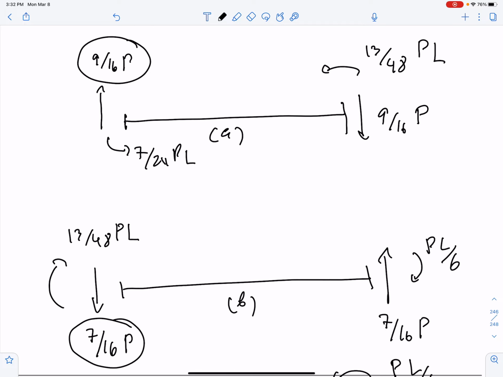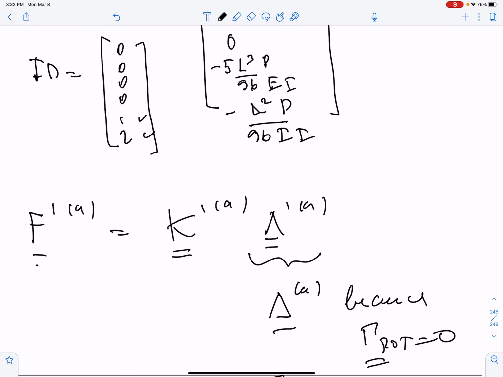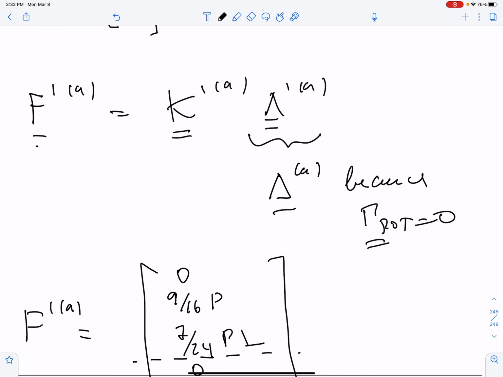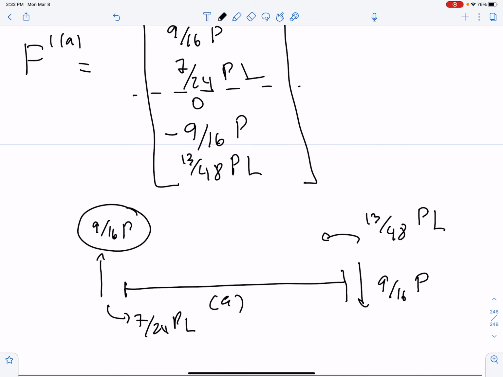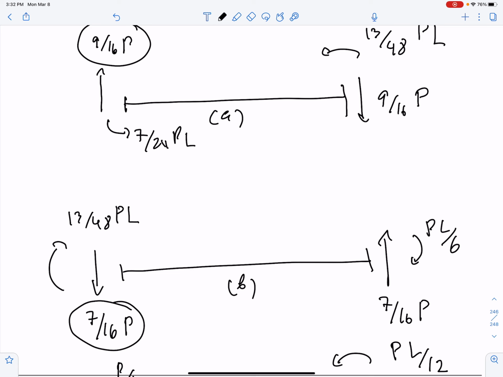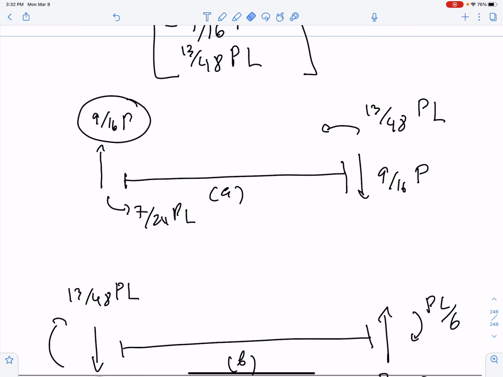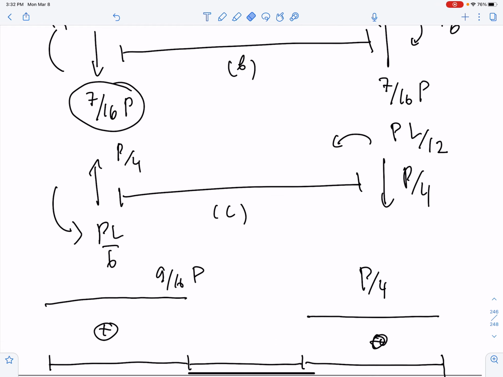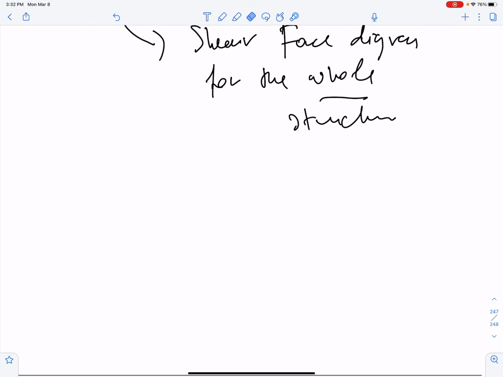Okay, so we're going to go to the moments next. And let's focus on element A first. Let me draw the moments down below.